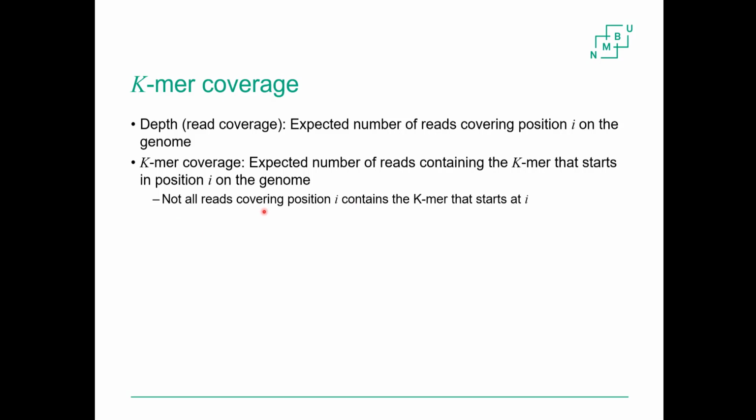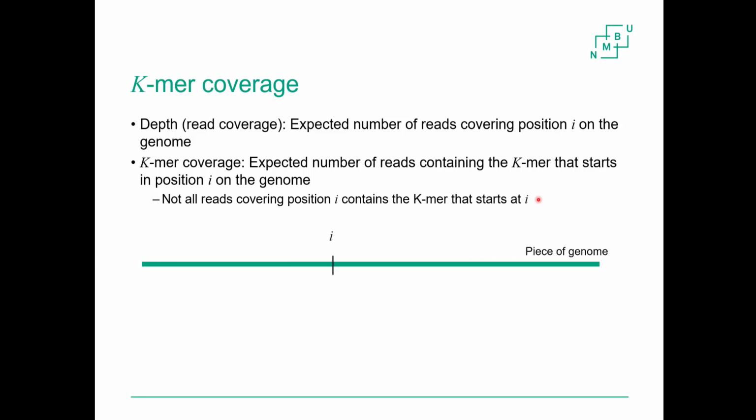Yeah, so not all reads covering position I contain a k-mer that starts at I. Of course, we can imagine that from the previous slide, but let's have a look at it again. So this is the piece of the genome, right? Here is position I, any random choice really. And then this is the region we are looking for, the k-mer that starts here, right? And which reads are covering here?